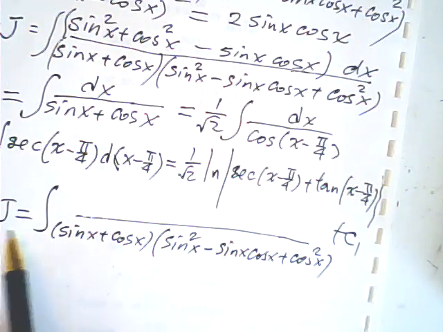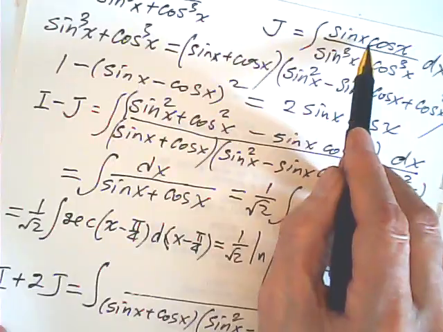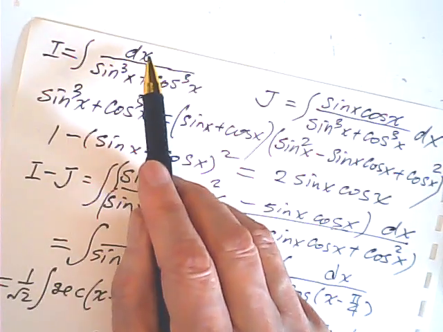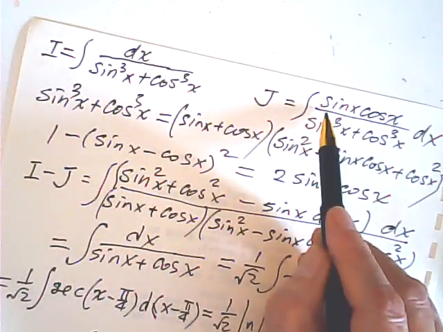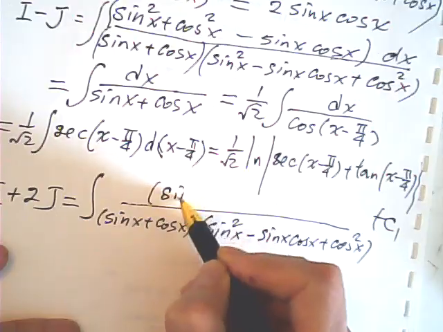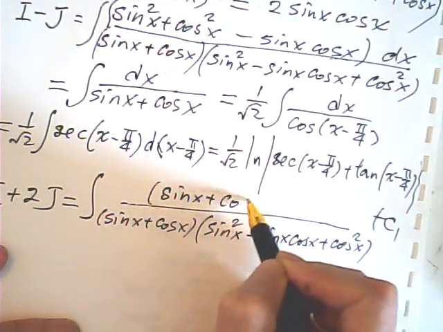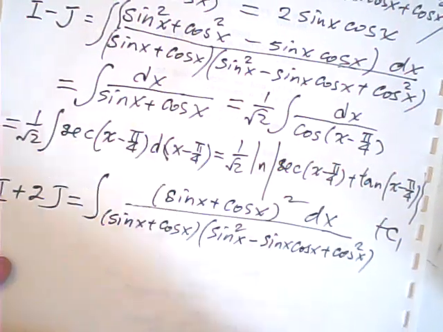And the numerator is 1 plus this plus 2 of that. This 1 is sine square plus cosine square plus 2 sine cosine. It is just the perfect square, right? Sine x plus cosine x squared and dx.